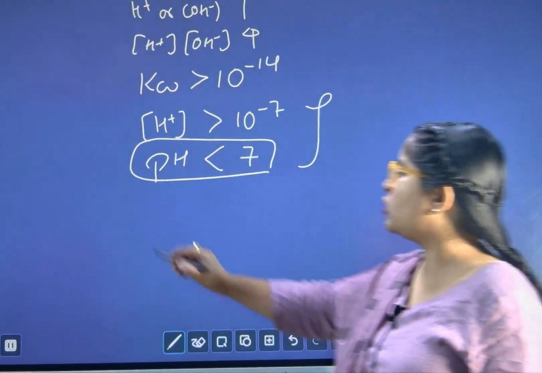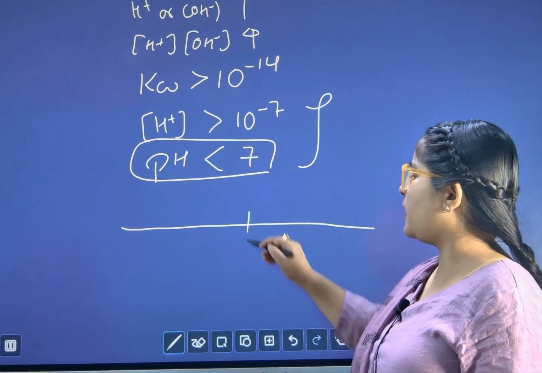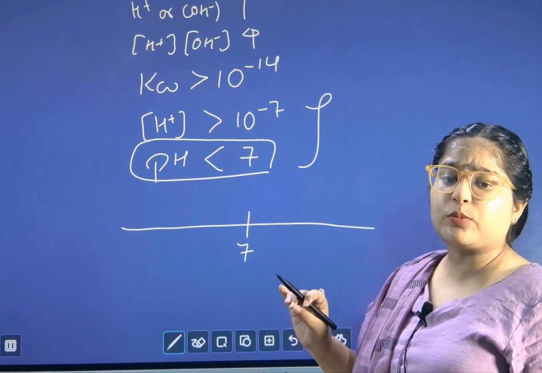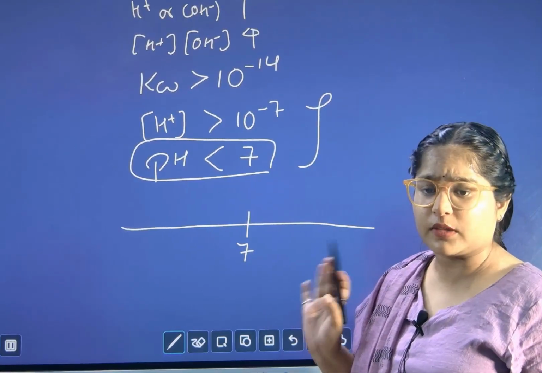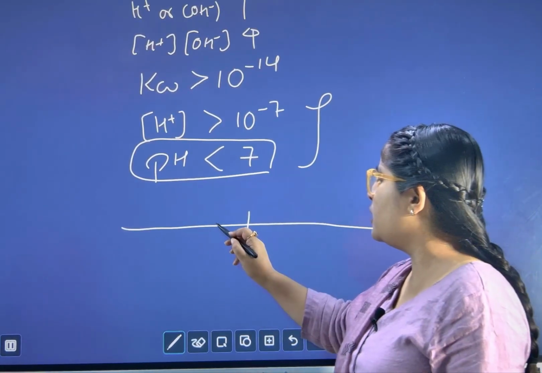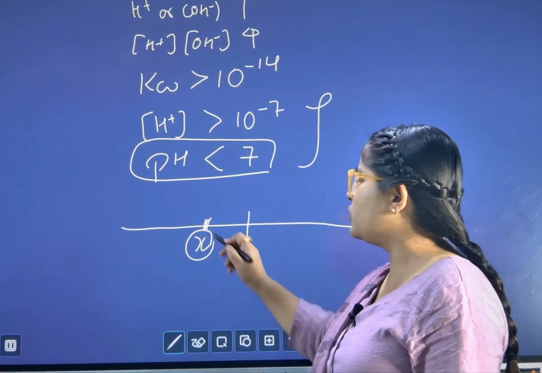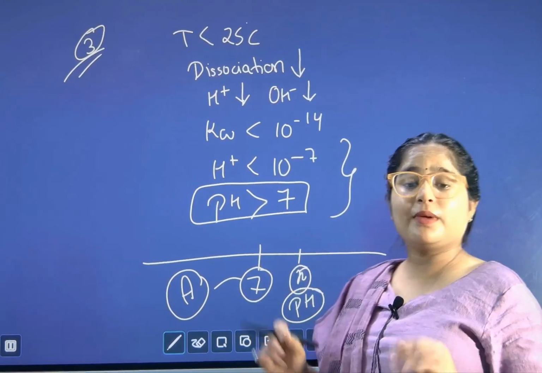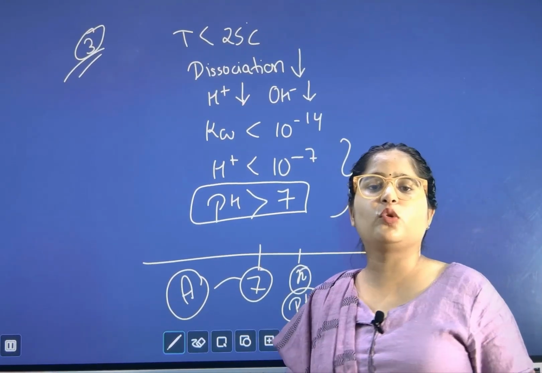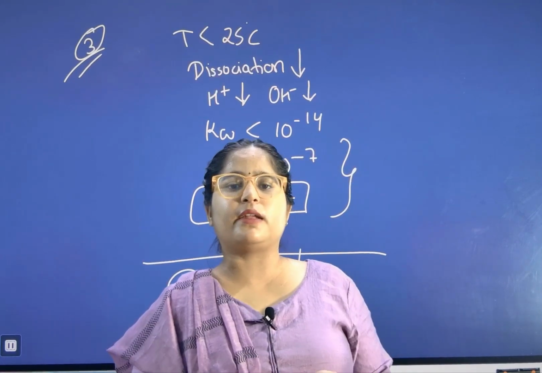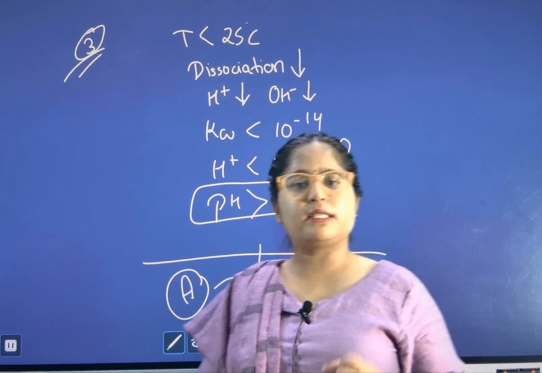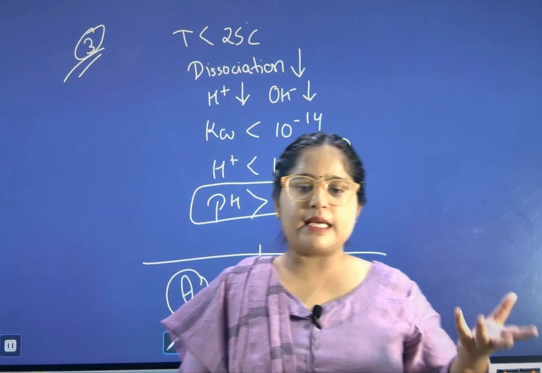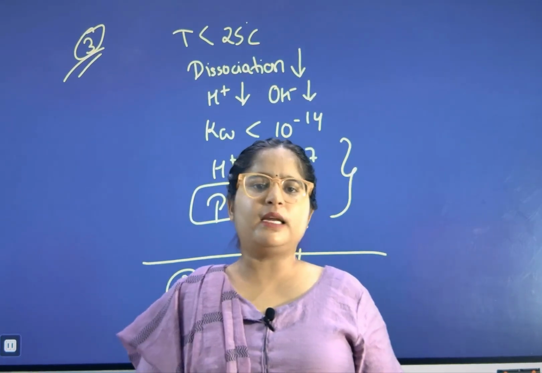If I draw a pH scale here, let's say 7 here. This time the neutral point is less than 7, so somewhere here is our neutral point. So here 7 will become basic. From here you can conclude that at 25 degrees centigrade the pH of water was 7. 7 was our neutral point: less than 7 acidic, more than 7 basic.